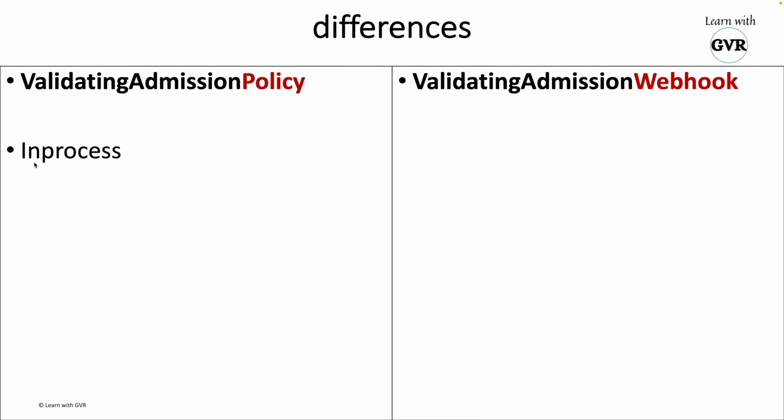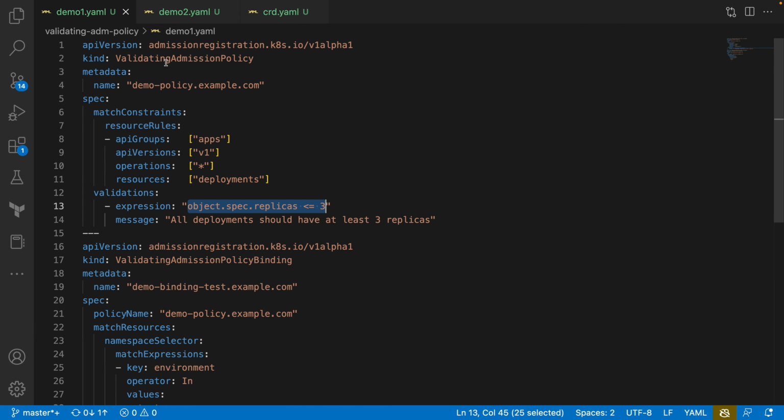Admission policy is for in-process, and the webhook is for custom logic. How exactly? Validating admission policy is in-process, which means the expression you are putting applies where, say, this deployment has this path, nobody else.